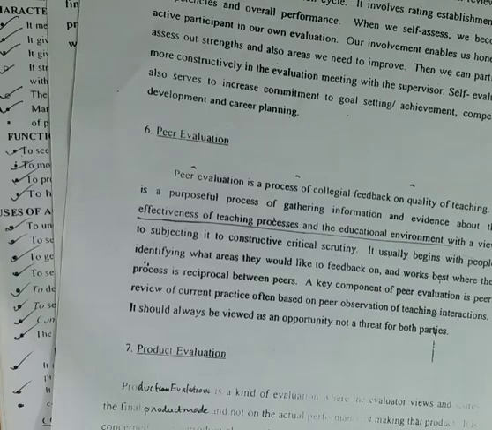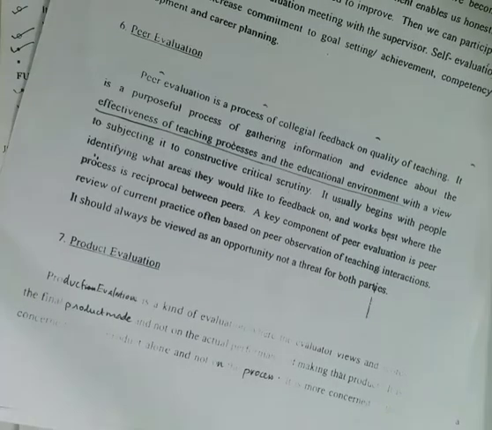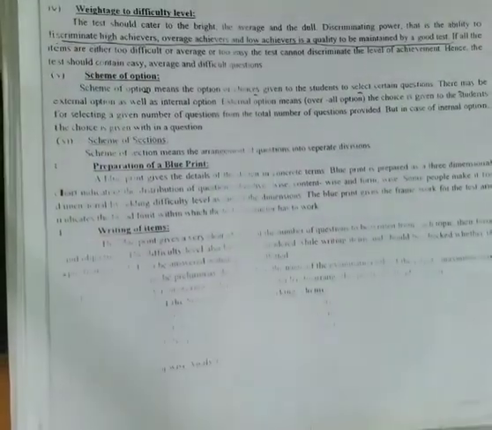So it's a kind of reciprocal give and take policy that is followed there. Then there is product evaluation. It is the same as the outcome evaluation, as the outcome or the product and solution is being analyzed there, and the process is disregarded.